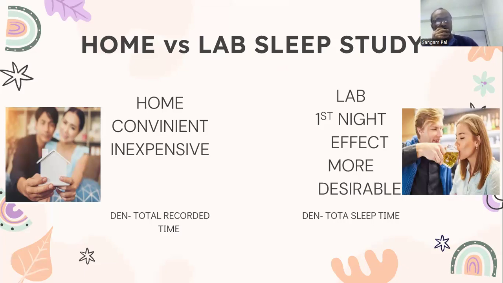It is convenient, inexpensive, but the denominator used in home based study is most of the time total recorded time, not total sleep time. So it will have everything less. Apnea, hypopnea will be underestimated. And in a lab based study, the problem that can occur is the patient will not be able to sleep, maybe because of first night effect, and that is the problem.